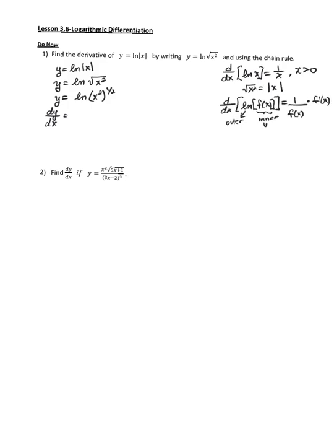So here, we could consider this as the inner function and this as the outer. So the derivative of the natural log of anything is 1 over whatever the inner function is times the derivative of the inner.